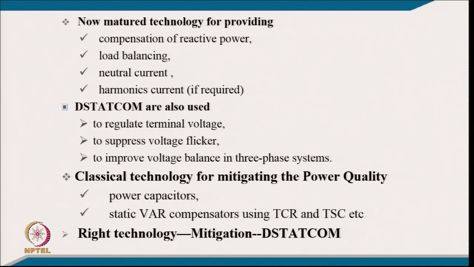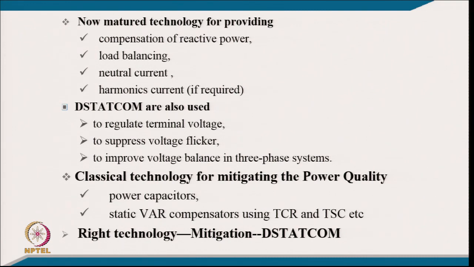Well, D-STATCOMs are also used to regulate the terminal voltage and to suppress voltage flicker in fluctuating loads like furnaces or other applications, and to improve the voltage balance in 3-phase systems, of course, if there is a voltage balancing tendency when you are compensating the load in shunt.